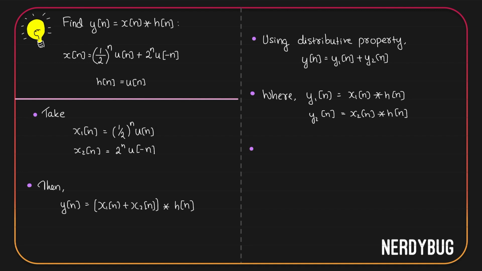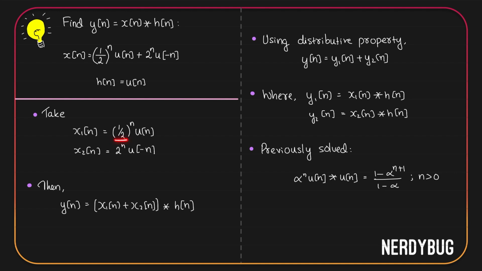Previously, we have already solved a question that was similar to the first input. We had to find the convolution of alpha^n u(n) and u(n). And we got the answer: (1 minus alpha^(n+1)) divided by (1 minus alpha) for n greater than or equal to 0, and it was 0 for n less than 0.